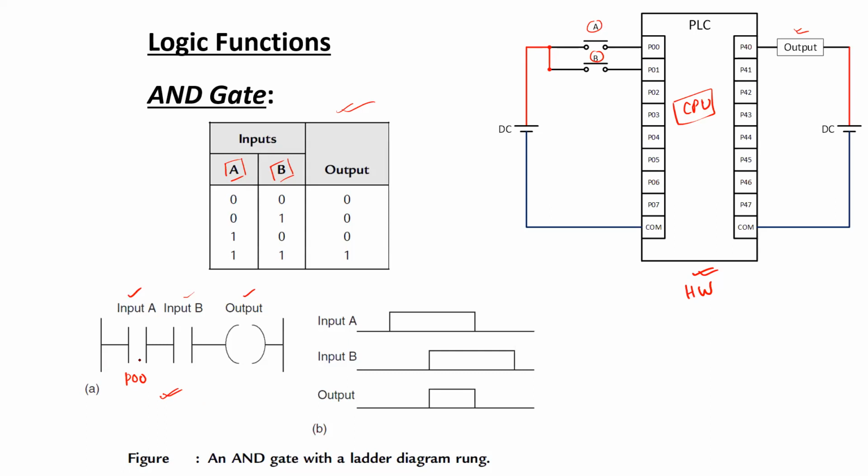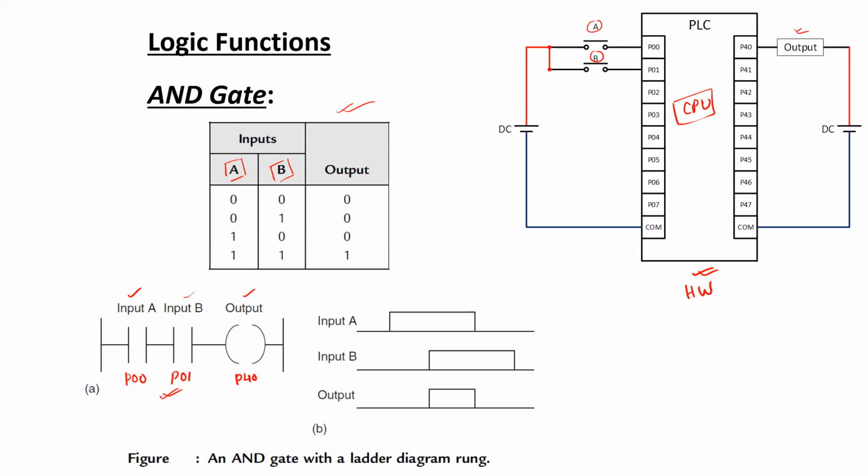So the first normally open contact that is being used has to have the address P00 according to this hardware diagram. The second input port is P01. So the normally open contact associated with that particular switch has to be represented by P01. And the output coil has to be represented by the address P40 according to this particular diagram.